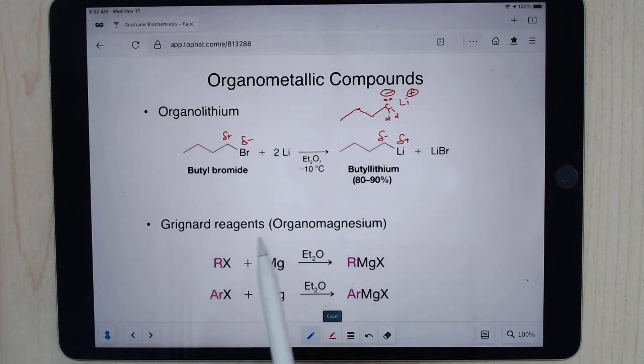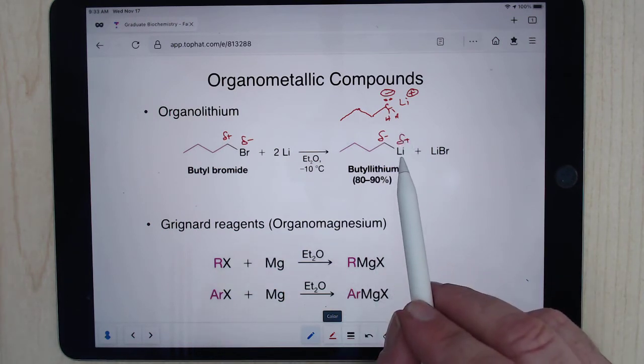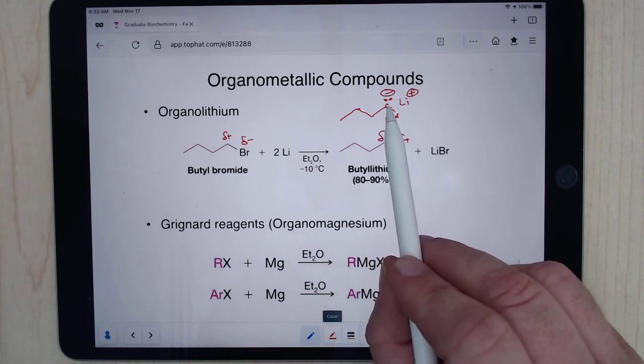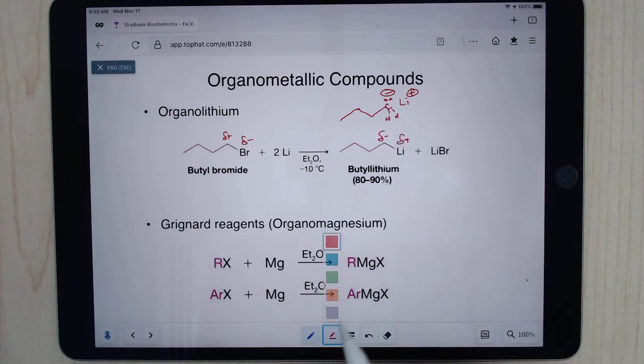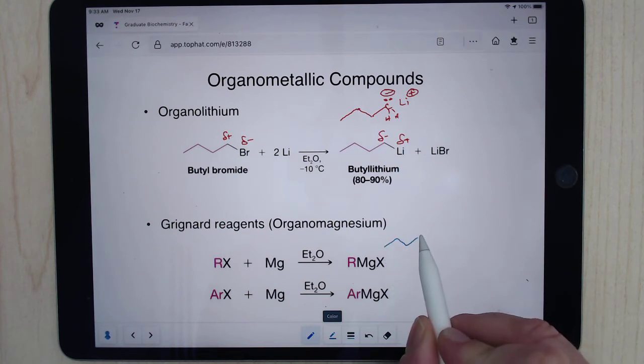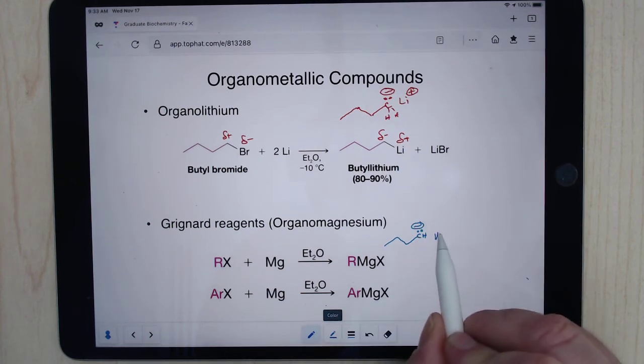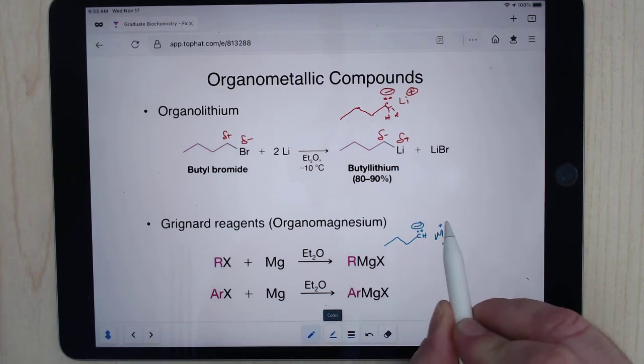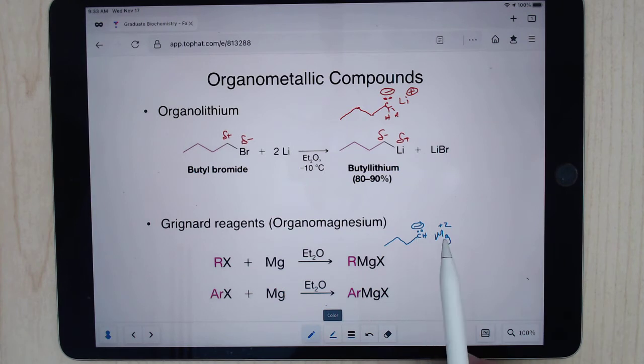You can also have what's called a Grignard reagent, where instead of lithium you put in magnesium. Now for these you actually have to keep around one of the halides. Because remember, lithium is a +1, the carbon would be a -1. So if you look at the charges, let's say you did that exact same thing, so you have a CH2 negative. Remember, magnesium wants to be at a +2 charge, so you've got a -1 and a +2.